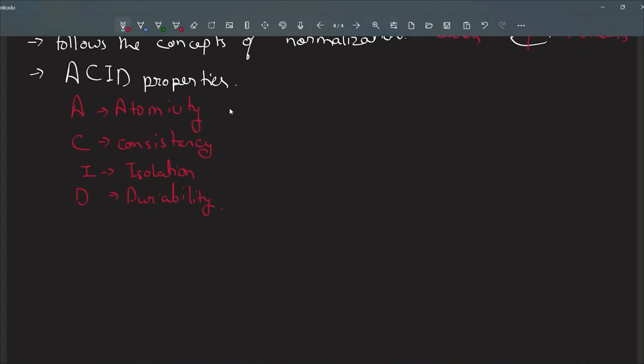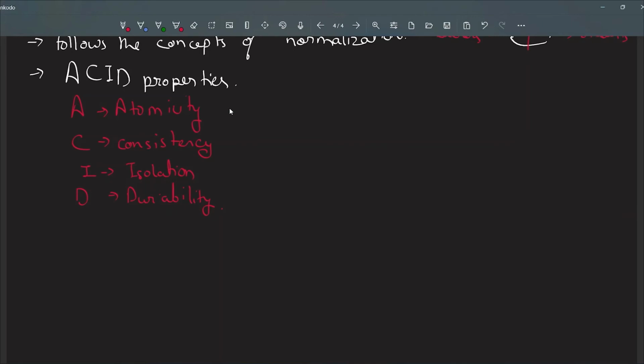Durability ensures permanent changes: after the successful execution of an operation, whatever changes are made in the database become permanent in the database. So these are the four points, and the DBMS supports the ACID properties.